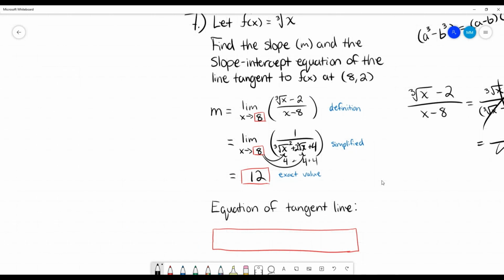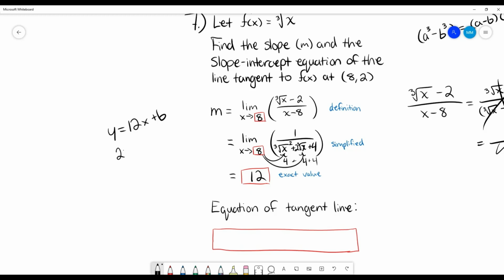So now we know that y equals 12x plus b, but we still need to find our y-intercept, right? Because this is slope-intercept form. So they gave us the points. We're just going to plug in those values.